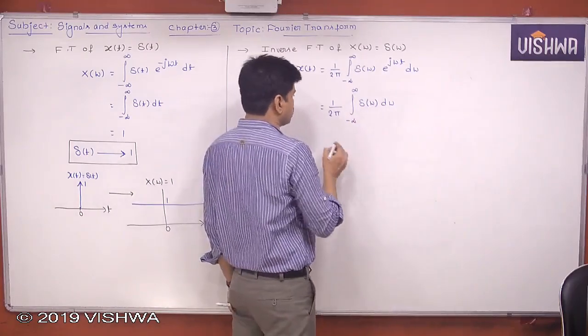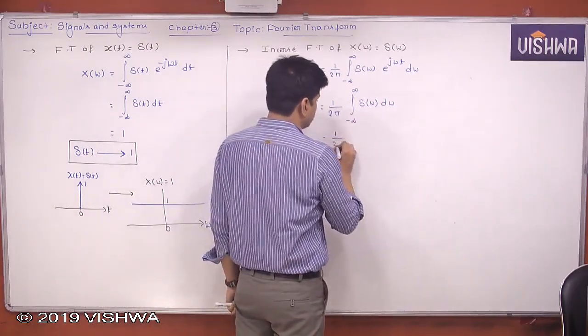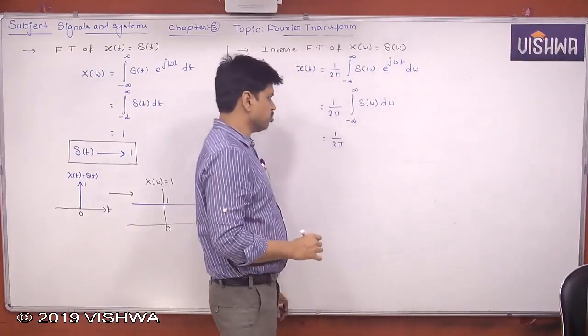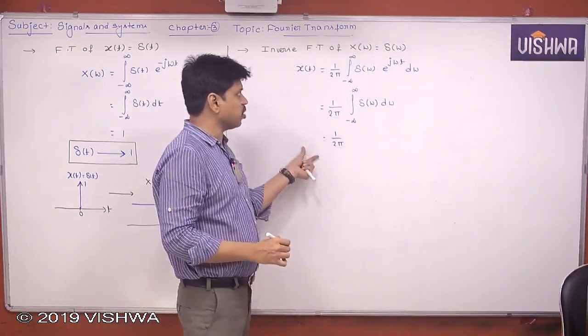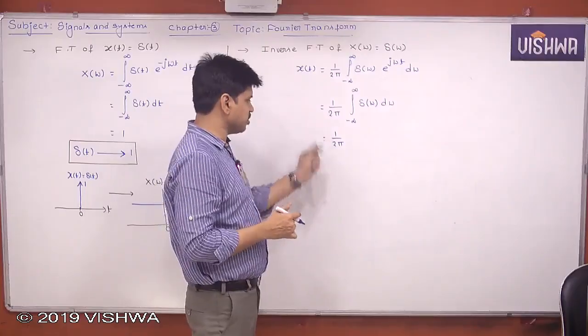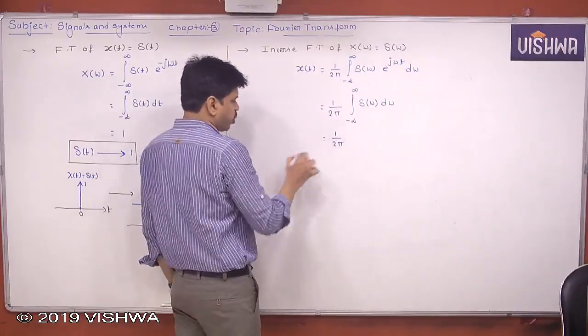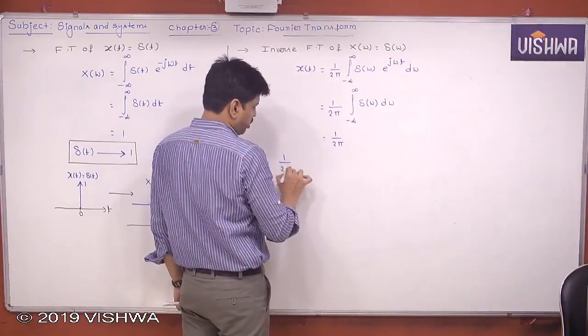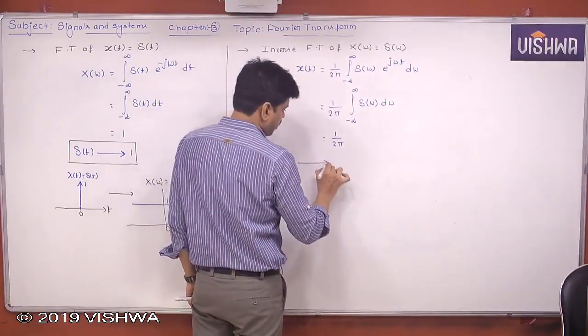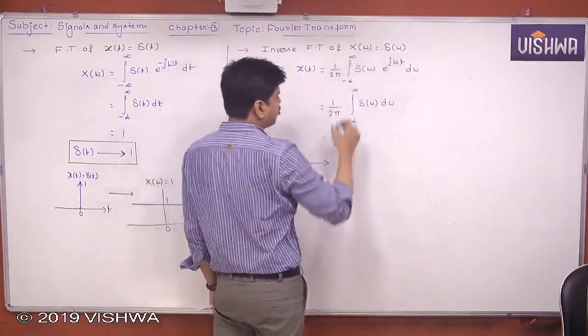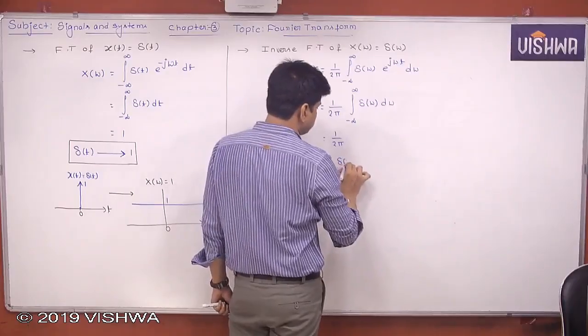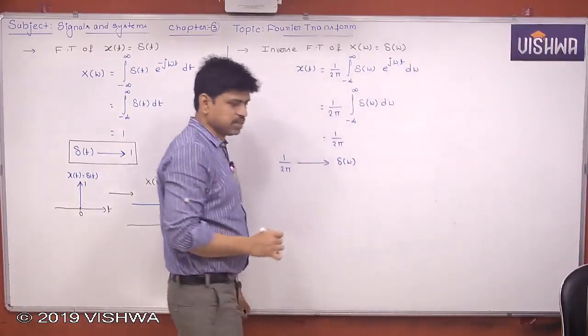It is going to be 1. So finally this is 1 by 2 pi. This is the x of t expression, not X of omega. That means in the time domain it is 1 by 2 pi, and the frequency domain X of omega is delta omega.